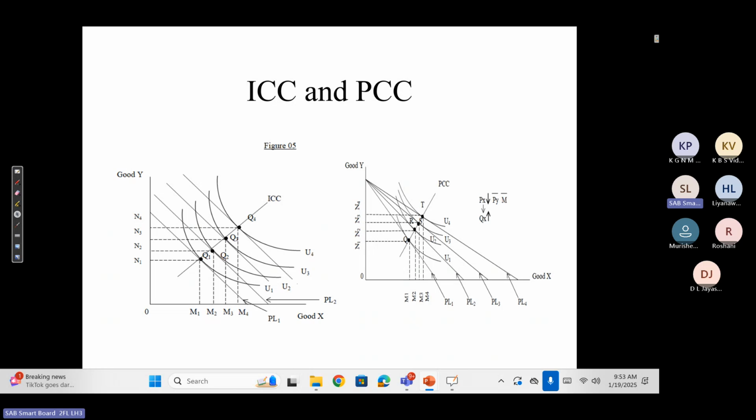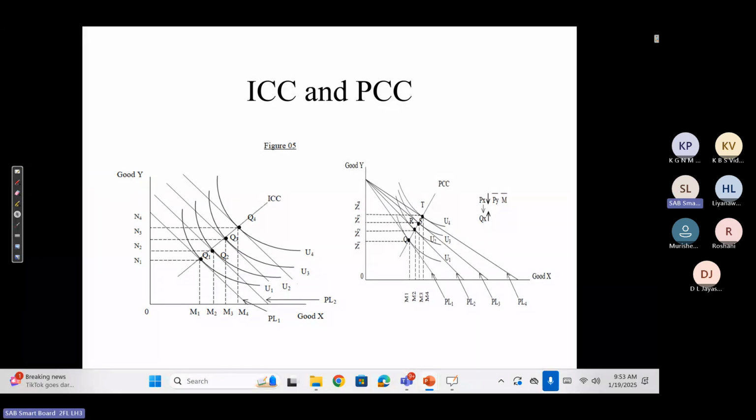Assume the price of product X changes. The budget line rotates to the right because the price of product X decreases. Money income does not change, but real income changes, so we can identify the income effect and the substitution effect.